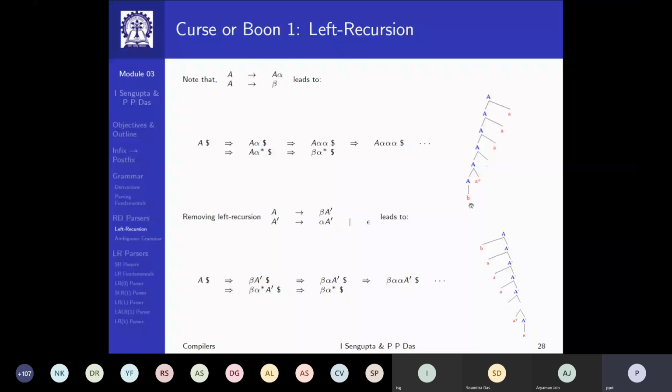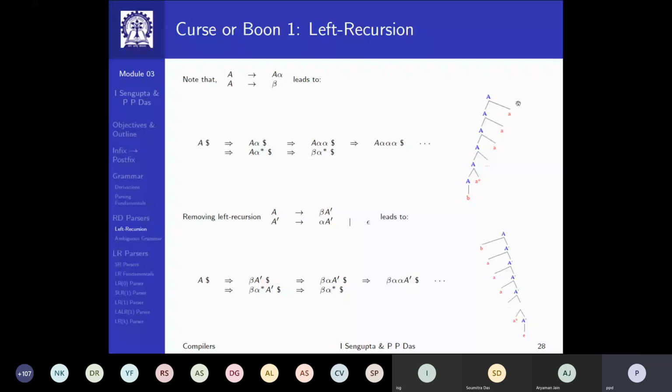Starting from A, you have A alpha. Then the second A is A alpha, the third A is A alpha, and it keeps happening. Finally you produce beta. So if you read this from left to right, it is beta followed by alpha star.